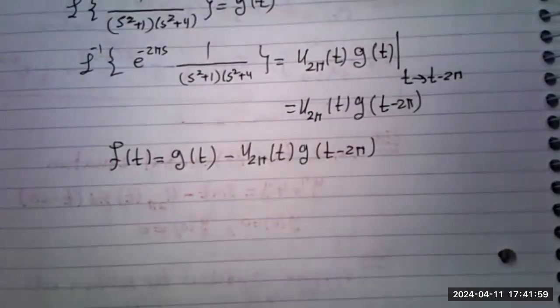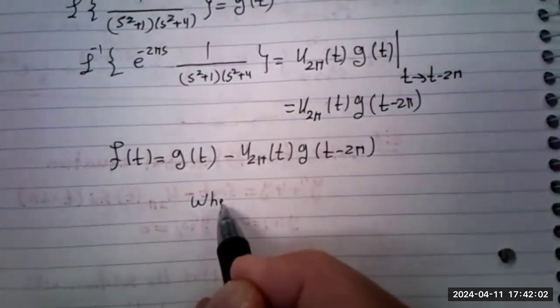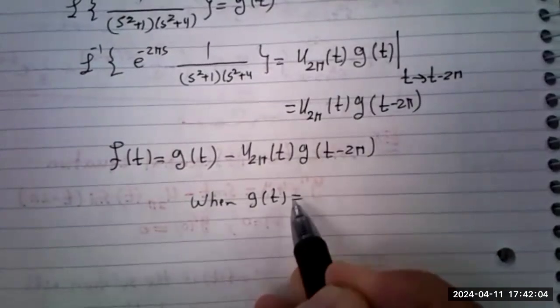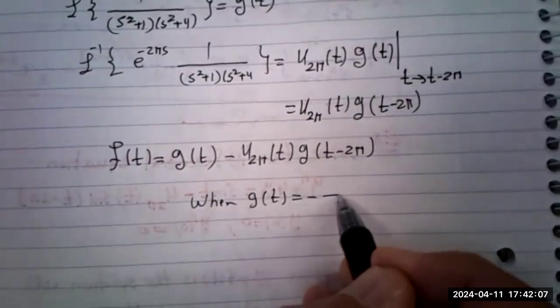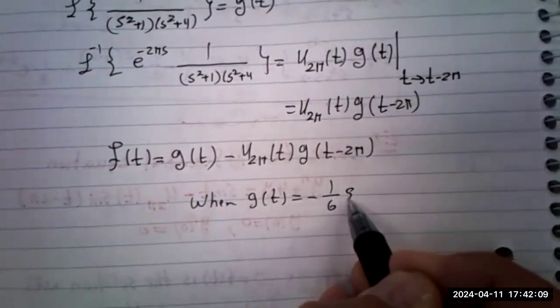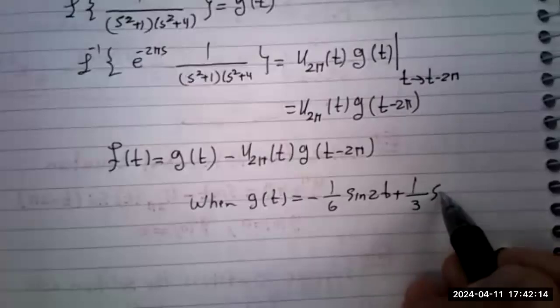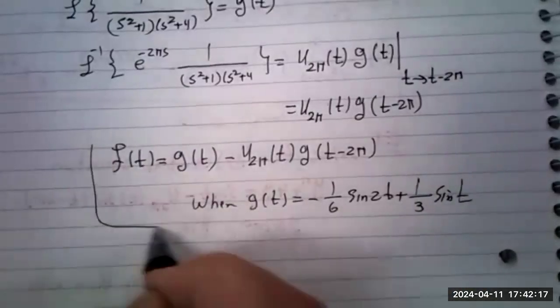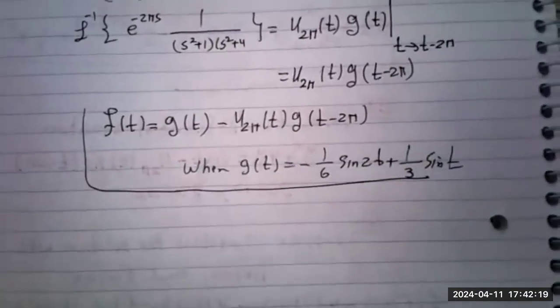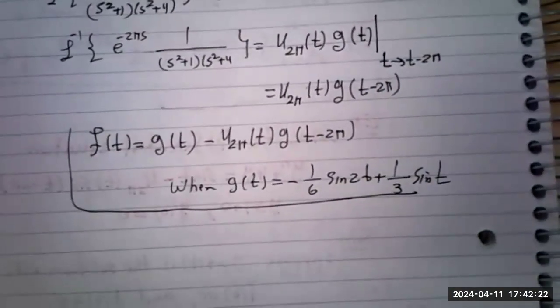And you have to tell us what g is. g of t is negative 1/6 sine of 2t plus 1/3 sine of t. You can use this brief version of the formula because there will be quite a lot of these when you go through this differential equation. It is customary to put it in this kind of condensed form. If you don't like it, you list it.